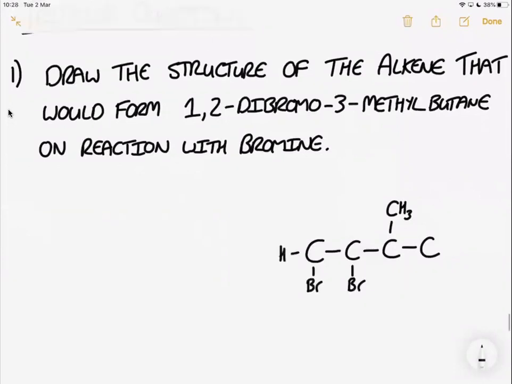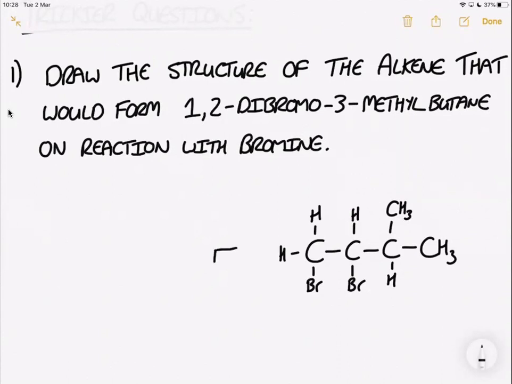Okay, so we don't actually need to fully draw out the displayed formula, but we'll make sure that we know where there are hydrogen atoms. So that is 1,2-dibromo-3-methylbutane. And actually, now that we've drawn it, it probably doesn't look that scary.